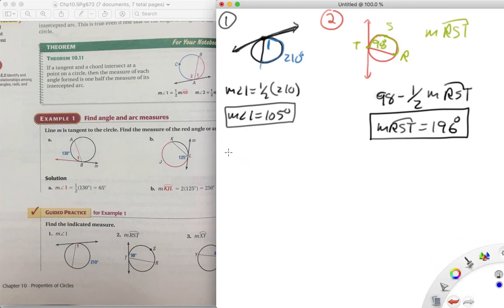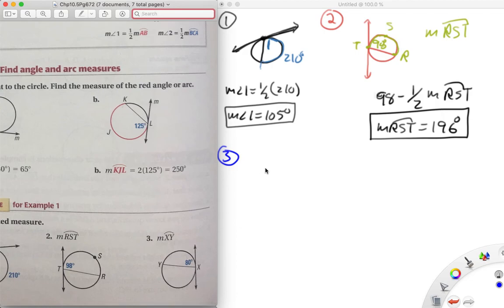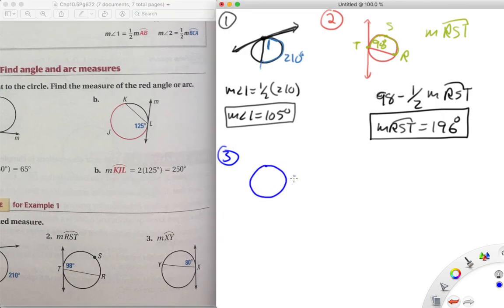Then we have number 3. And what number 3 says, we have a circle over here. Here's our tangent right there. Here's our chord. Here's Y. Here's X. And this guy is 80 degrees.